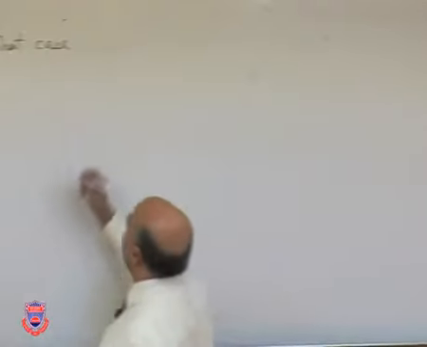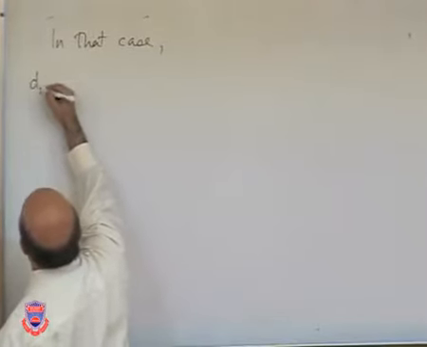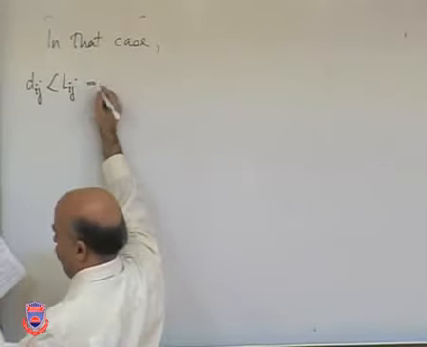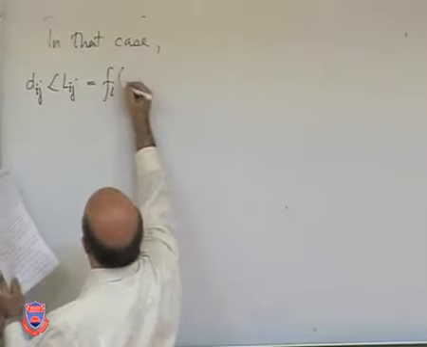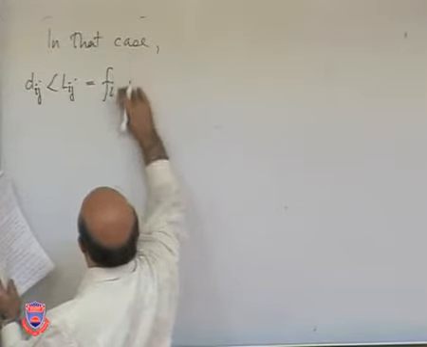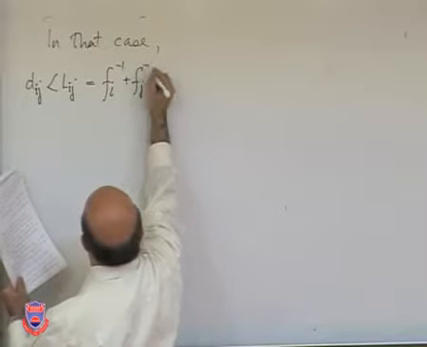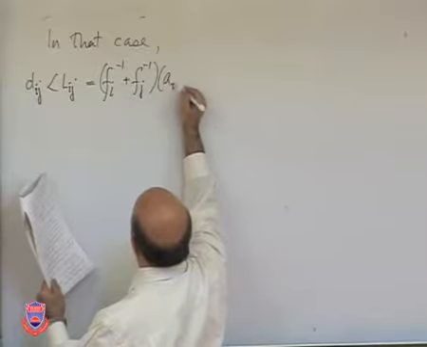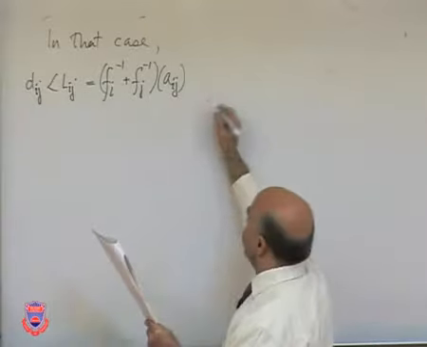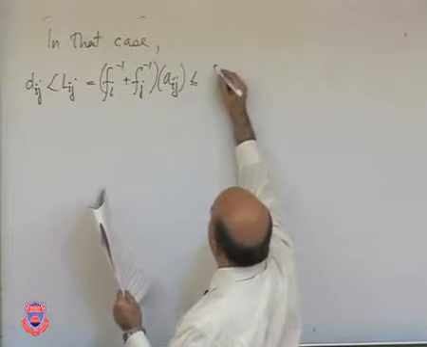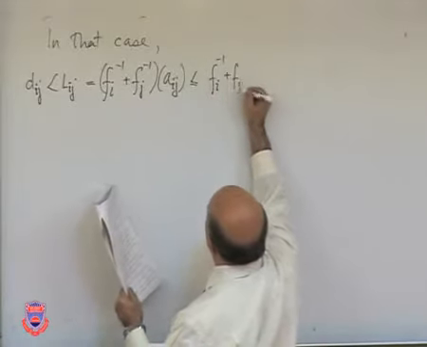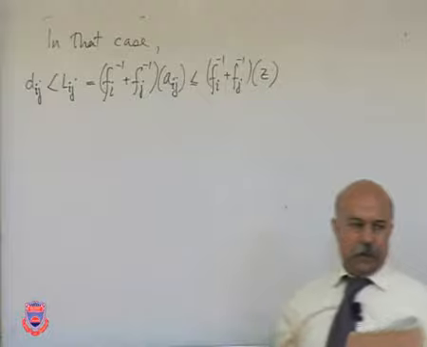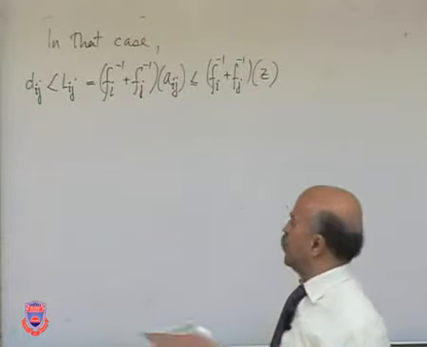So in that case, when D_ij is less than L_ij, what we have is f_i inverse plus f_j inverse evaluated at a_ij, that's the definition of L_ij, which is less than or equal to f_i inverse plus f_j inverse of Z, which is what we're trying to minimize in the actual problem.